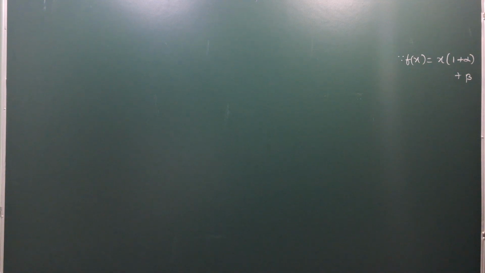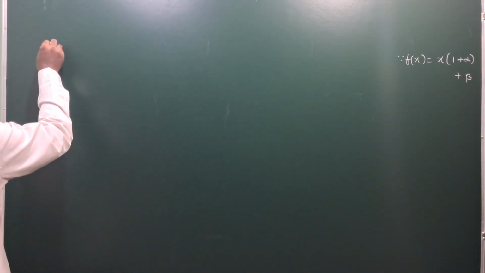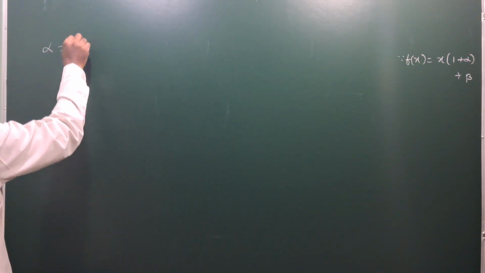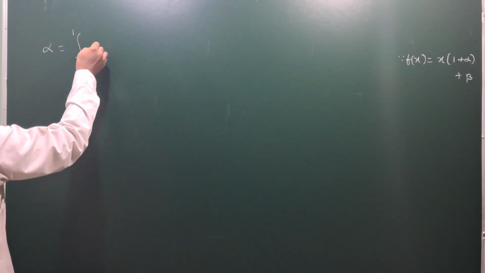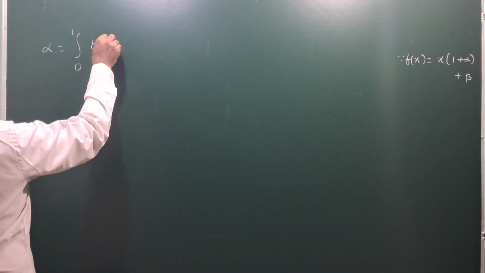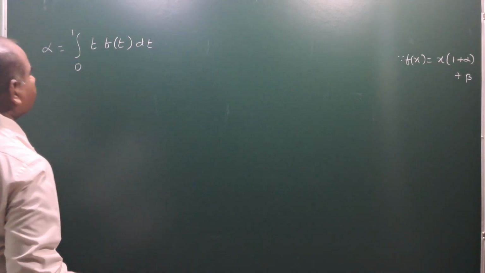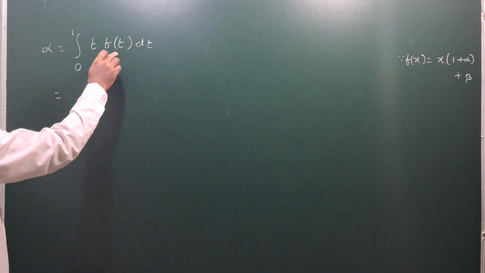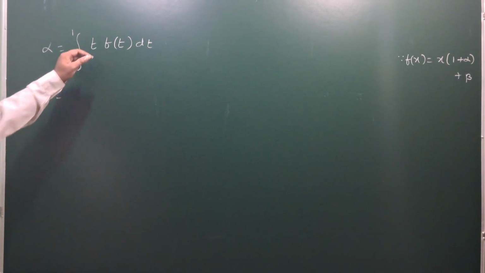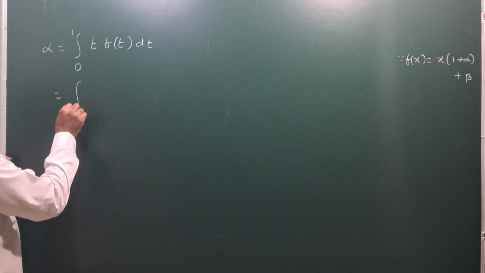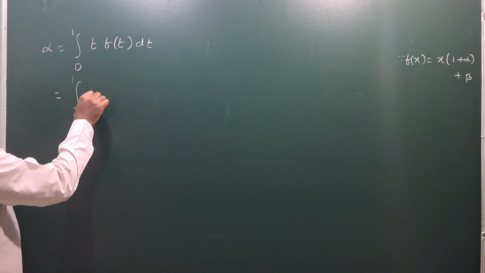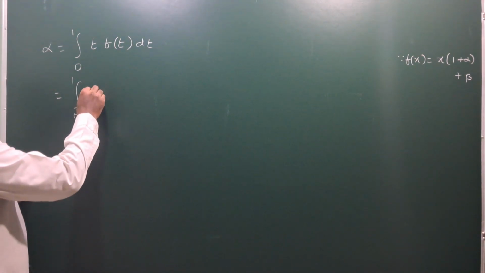Okay, now take alpha. We know that alpha is equal to the integral from 0 to 1 of t into f(t) dt. Now substitute the value of f(t) here.